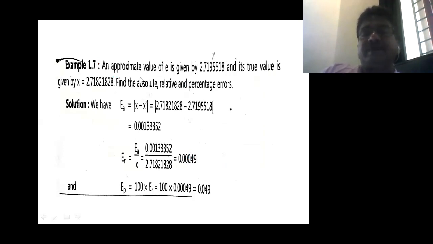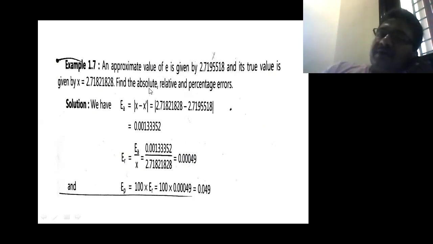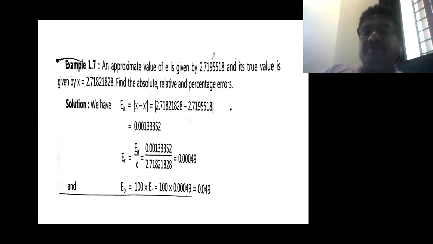So an approximate value of E is given by 2.7195518, and its true value is given by 2.718218828. This is the true value of the quantity E, and this is the approximate value, means this is x dash and this is x. And then the question is to find absolute error, relative error, and percentage error.